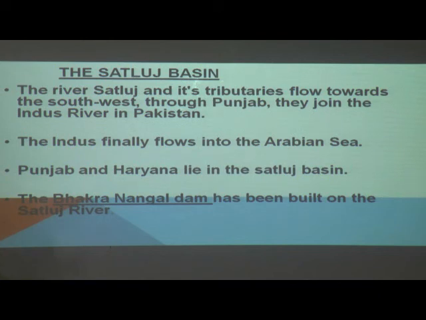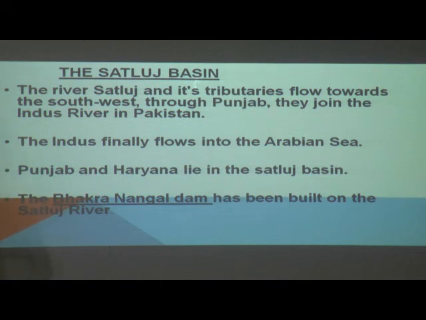Again I will tell you the point: when the Satluj river and its small tributaries join the big river Satluj, where does it flow? South west through Punjab. They join the Indus river.